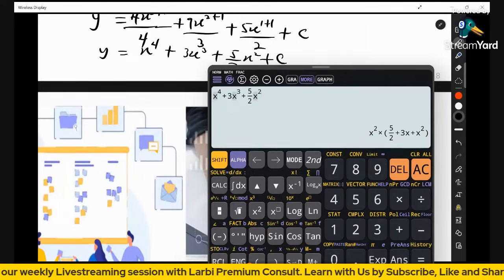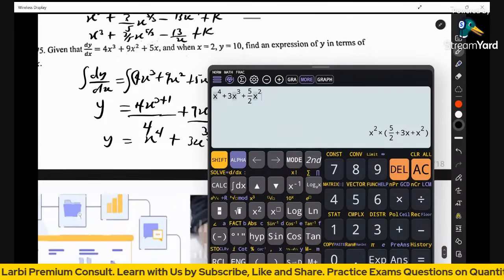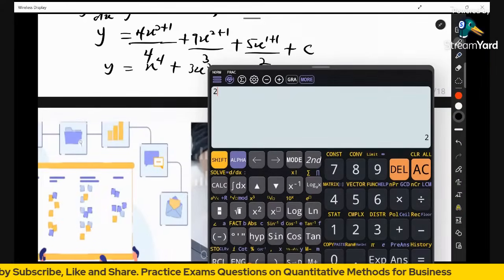Once you get this, that's where we're going to substitute the value of x equal to 2. So press solve and type in 2, then press the equal to sign.